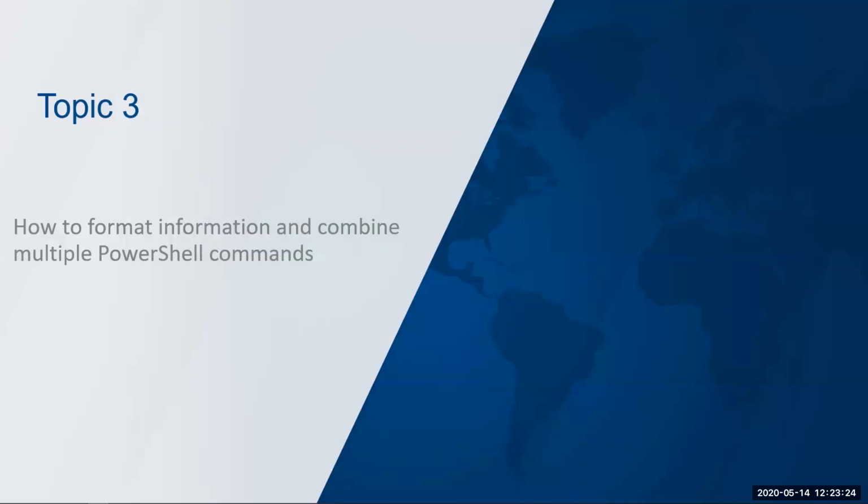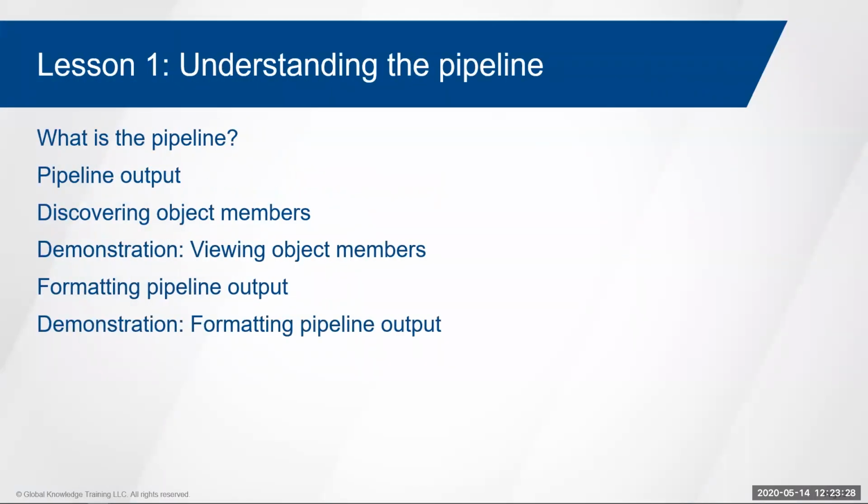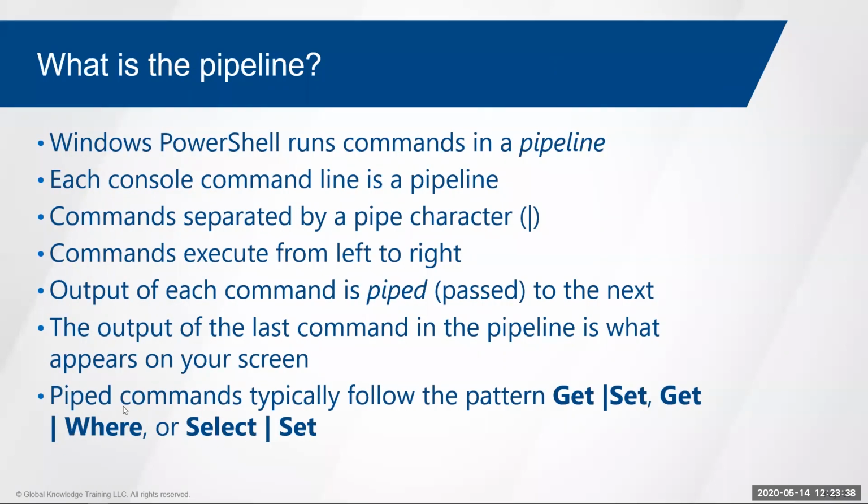Now, as we start to query information, we also want to look at how we can output that information and manipulate it into a format that's usable, something we can use properly. We get so many different capabilities when we start getting into the pipeline. The pipeline is our ability to take information from our first initial command, store it in memory, and then pass it down to the next command.